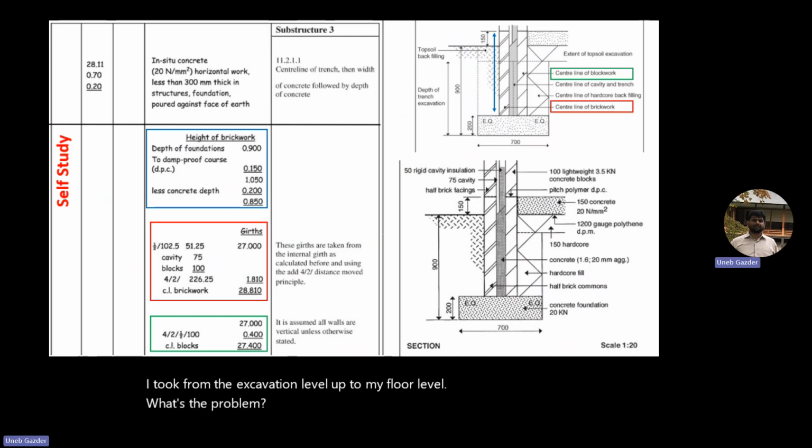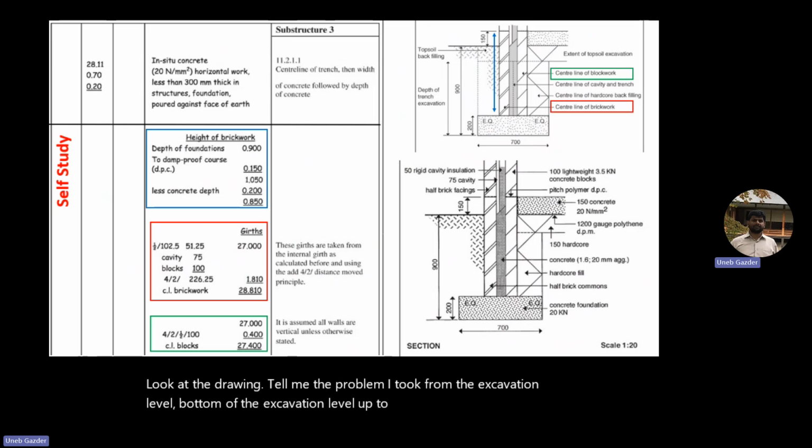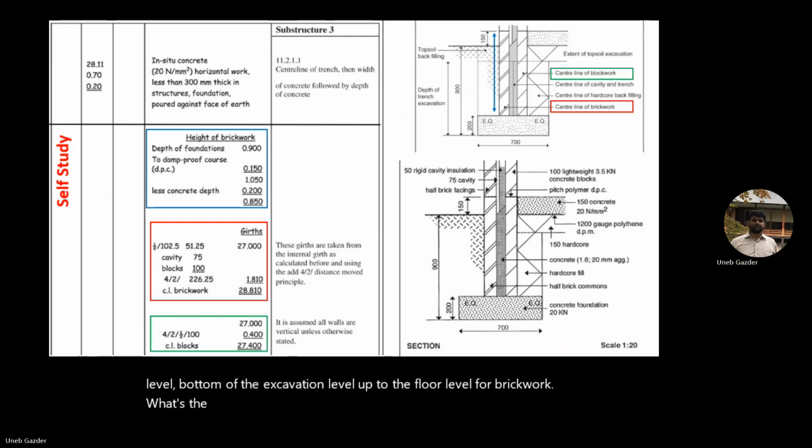Look at the drawing. Tell me the problem. No problem, right?